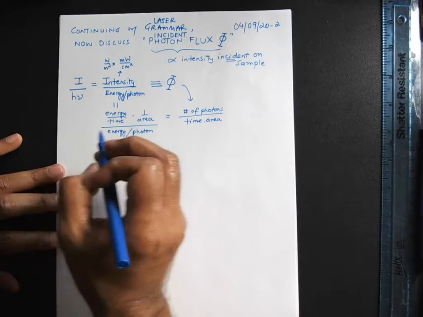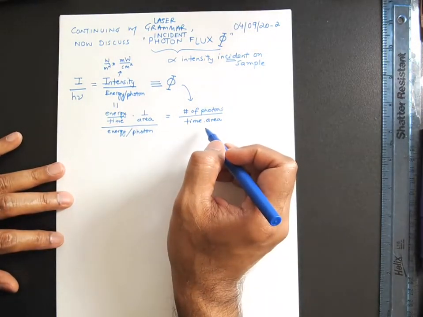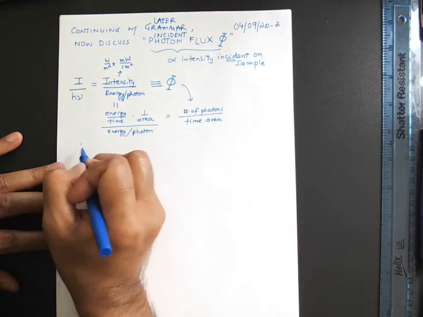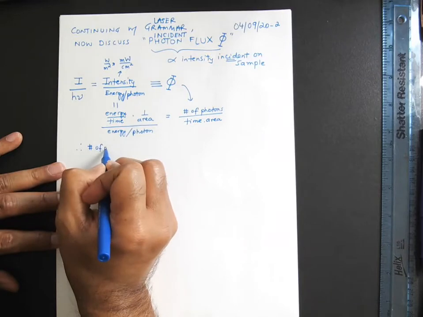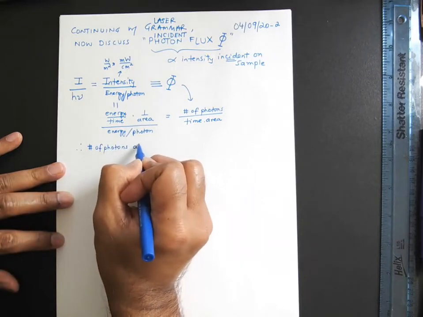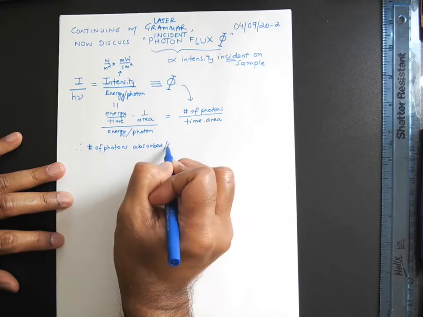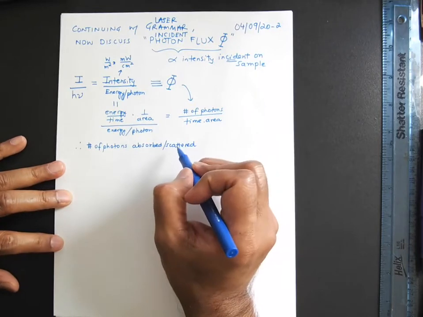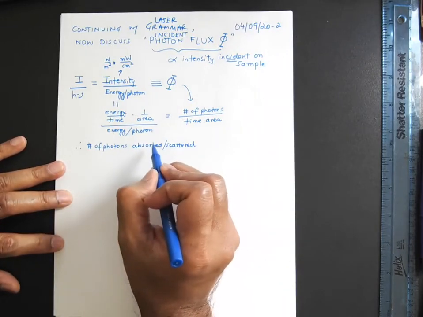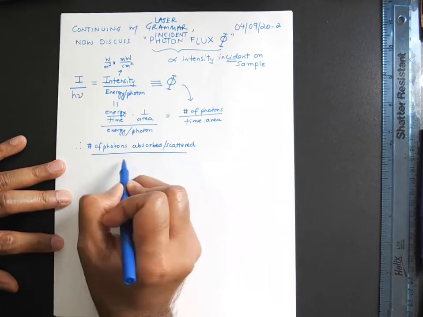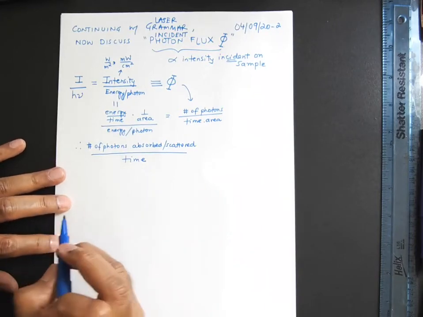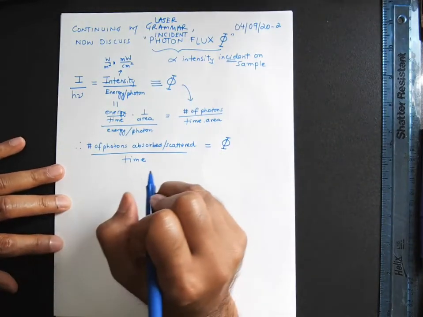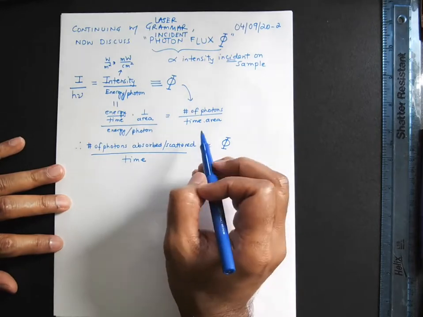Okay, and so from this I can write, therefore, the number of photons that are absorbed or scattered. And actually, if we just focus on the number of photons that are absorbed or scattered per unit time, well, that would be the incident flux.